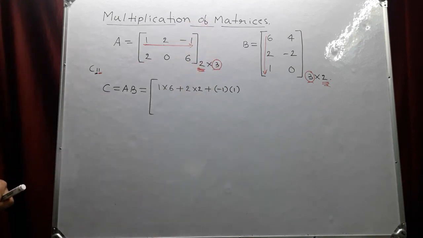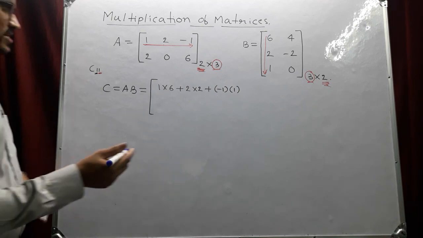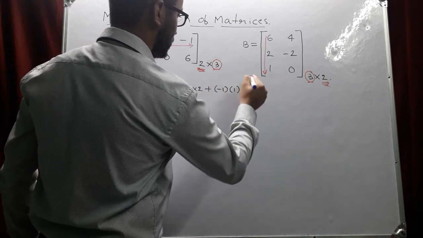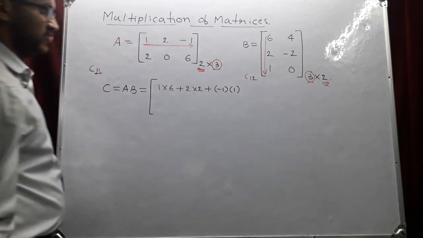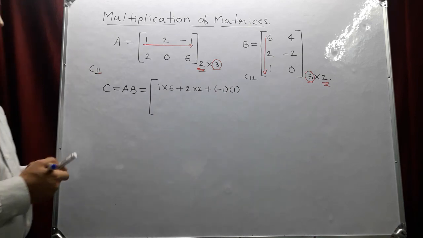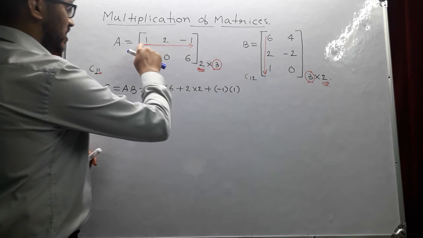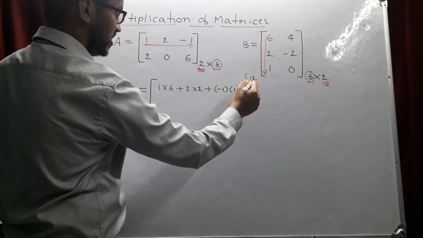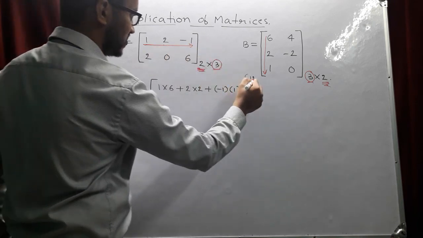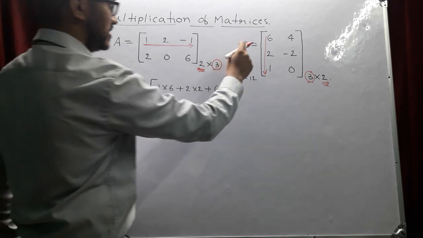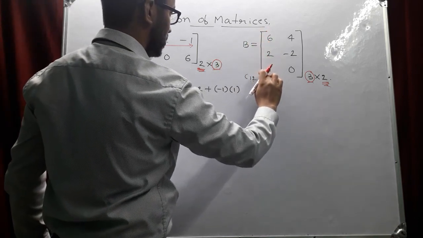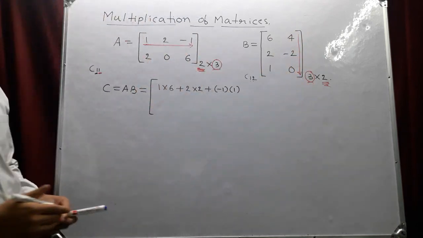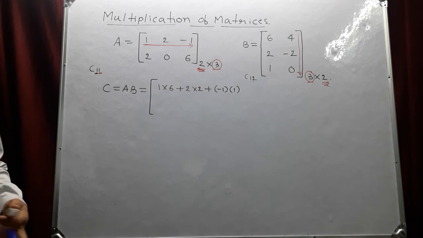Next, to get the second element, which I denote by C12, what do we have to consider? The first row of the first matrix with the second column of the second matrix. Again we multiply them element wise, then take the sum.